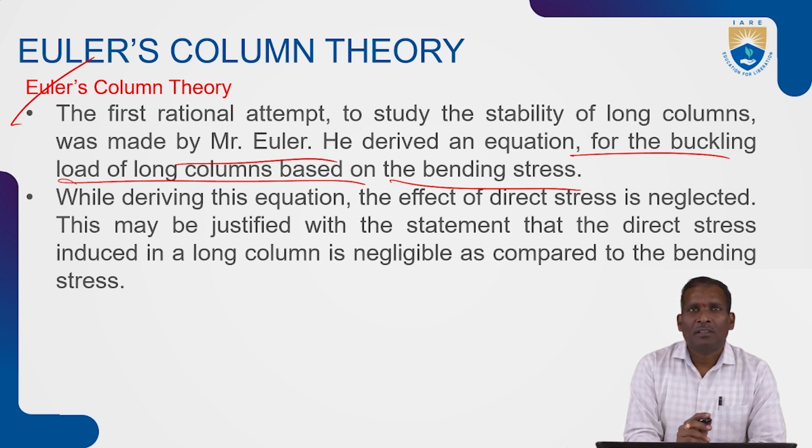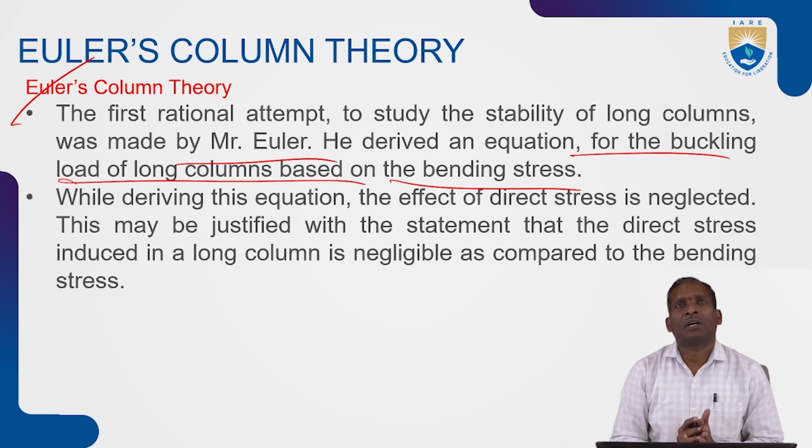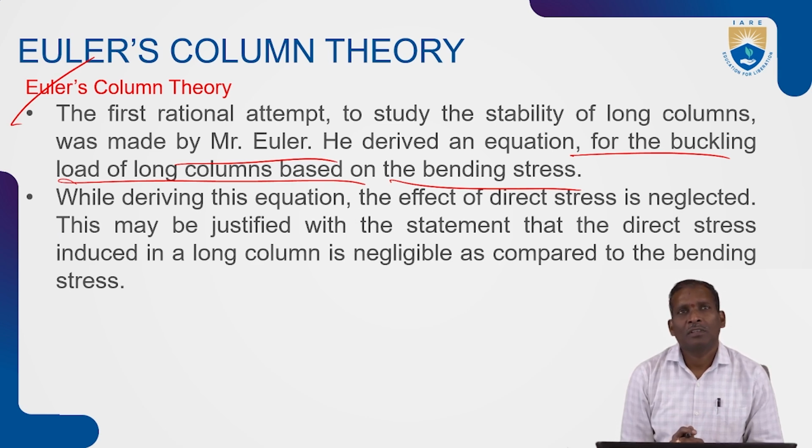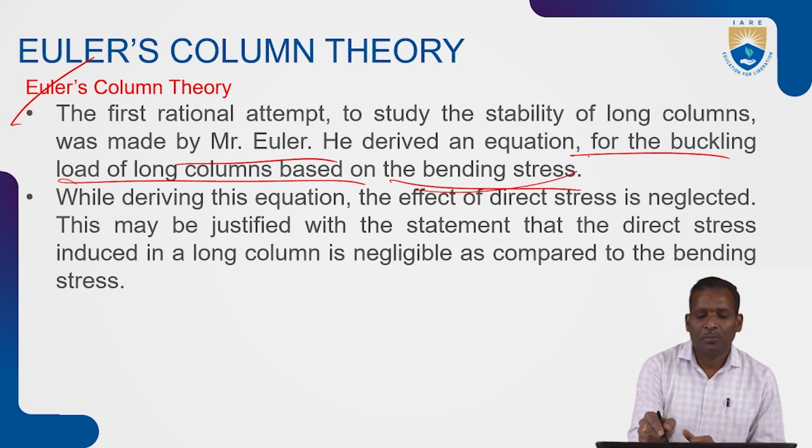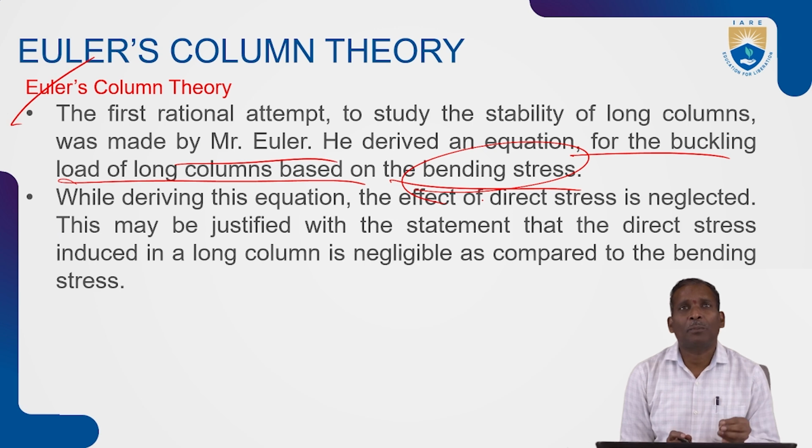But always the entire column will not fail due to this compressive load. The column will fail due to the bending stress. That is called buckling stress, at which the column bends. That corresponding load is called buckling load, critical load, or crippling load. So long columns fail due to this type of buckling load.